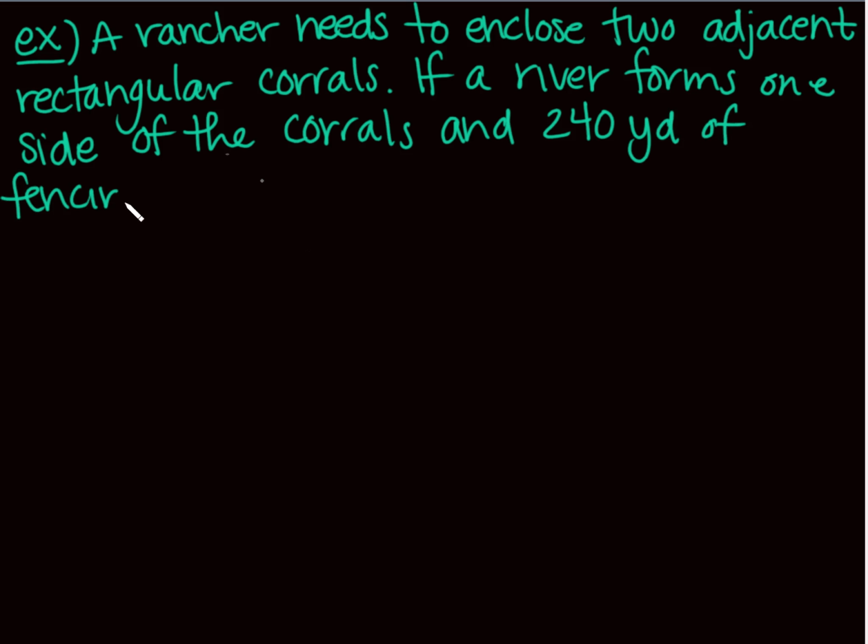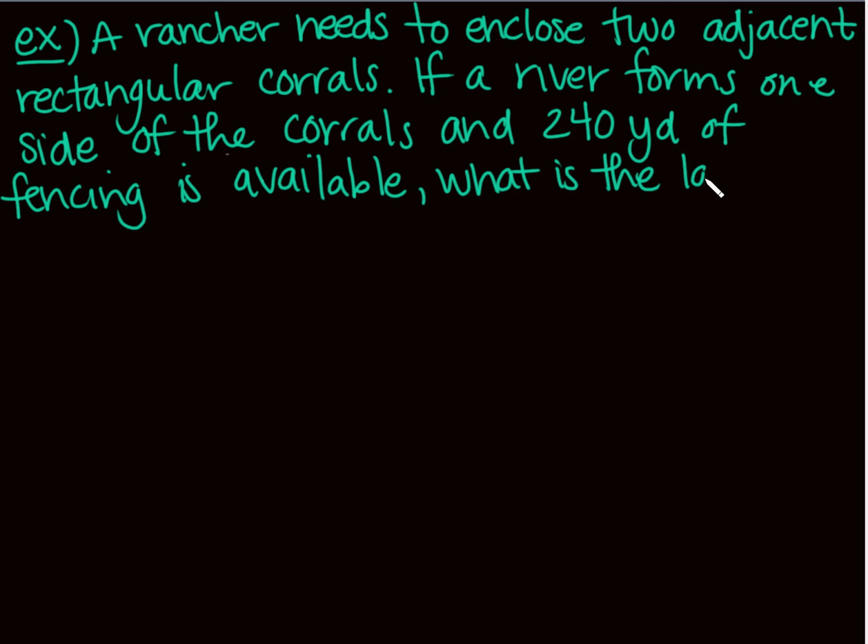Real life. How many times have I been like, man, I need to build my two rectangular corrals next to the river, and I don't know how to maximize my area? What is the largest total area that can be enclosed?